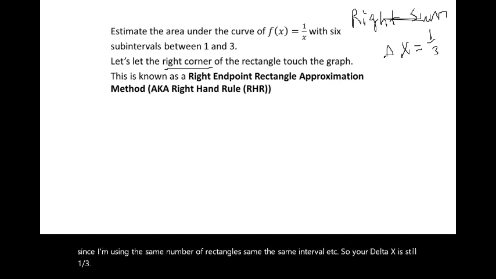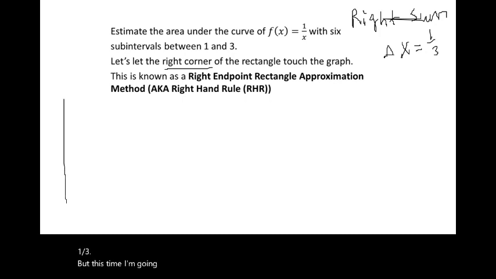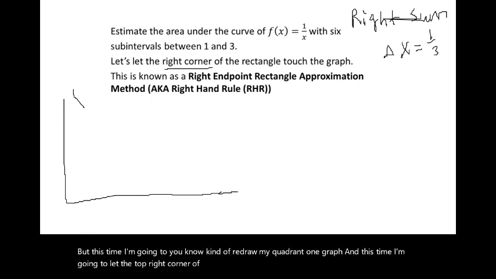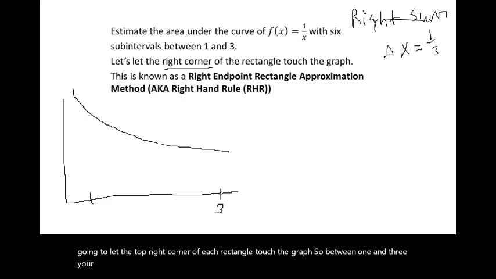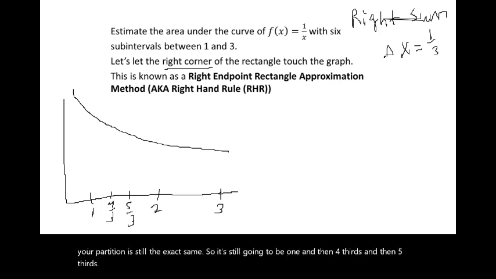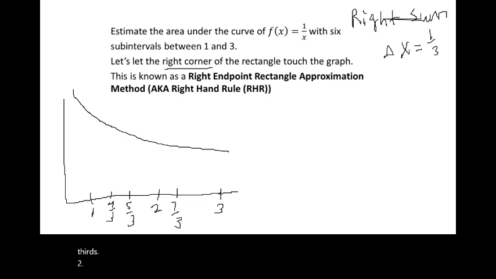But this time I'm going to redraw my quadrant 1 graph, and this time I'm going to let the top right corner of each rectangle touch the graph. So between 1 and 3, your partition is still the exact same, so it's still going to be 1, and then 4/3, and then 5/3, 2, 7/3, 8/3, and 3.